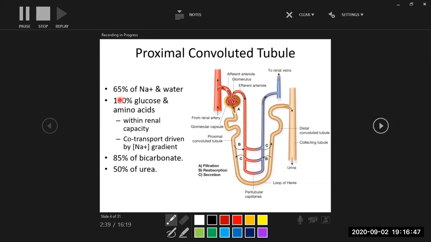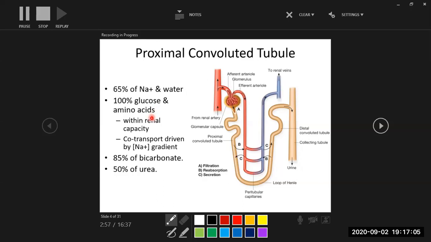And we reabsorb 100% of glucose and 100% of amino acids, because as we mentioned earlier, glucose and amino acids are essential nutrients to our body.